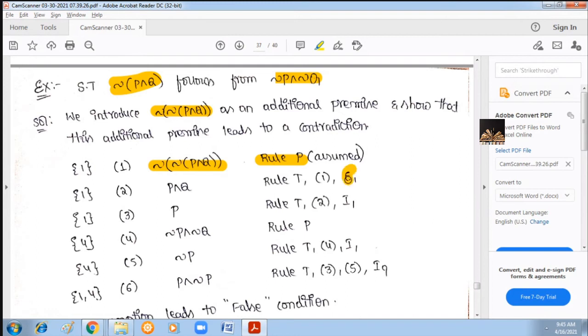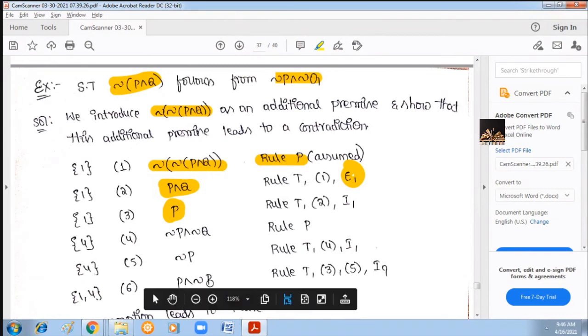Using the double negation law, it becomes P and Q. From P and Q, you can imply P. You know that you can imply P from P and Q. Then take the second premise, negation P and negation Q. Take one more premise.